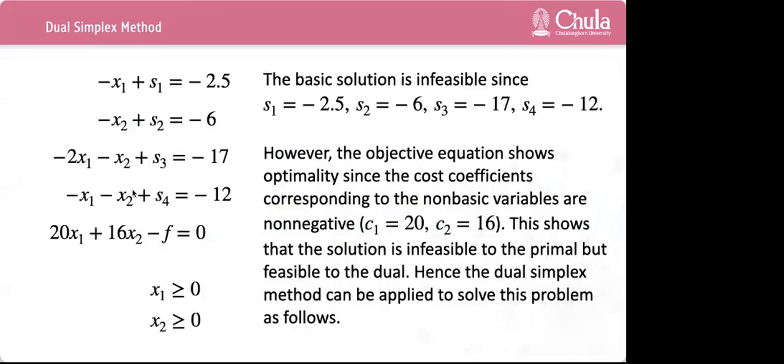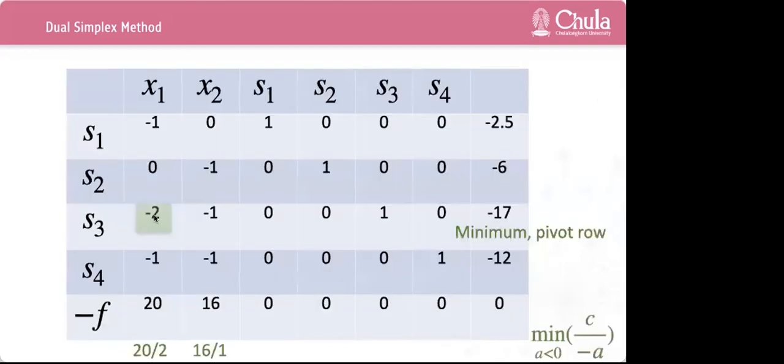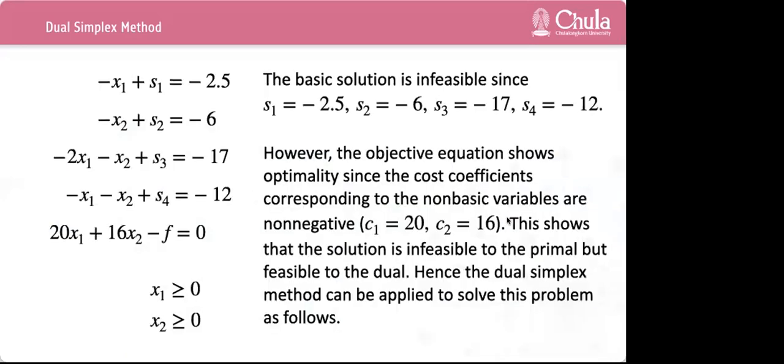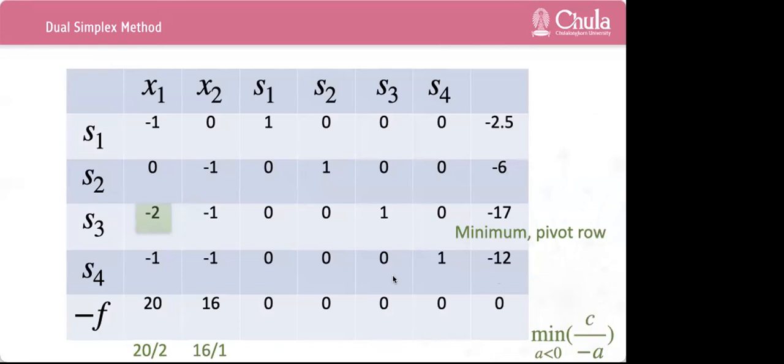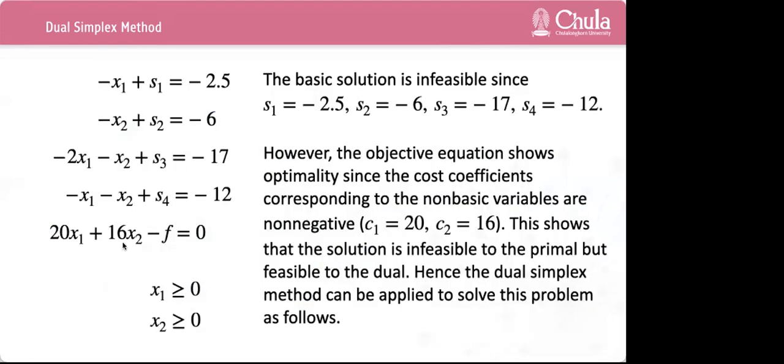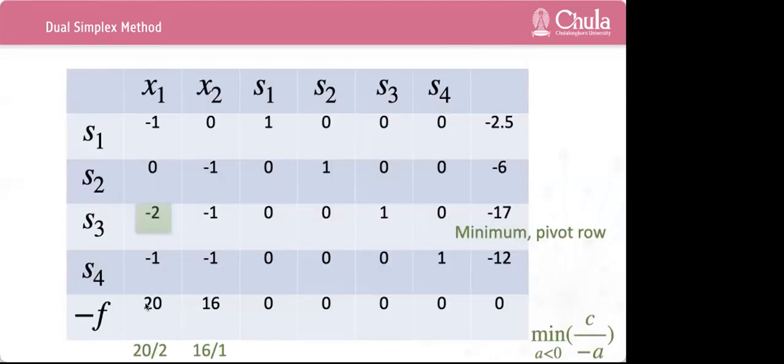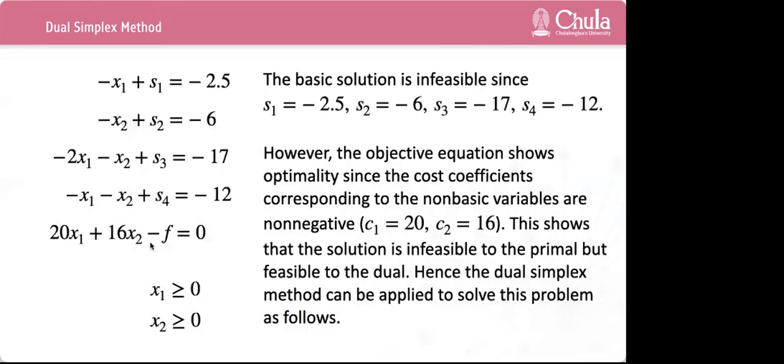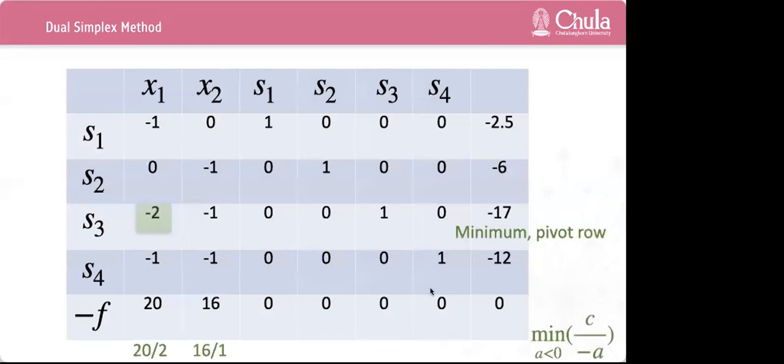And the fourth condition is -1, -1, 0, 0, 0, and 1 on S4, and the right hand side is -12. Okay, and for the objective function, it is 20, 16, and the rest is 0. We don't have slack variables here, so the right hand side is also 0.